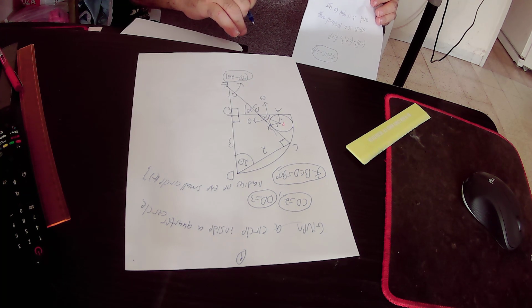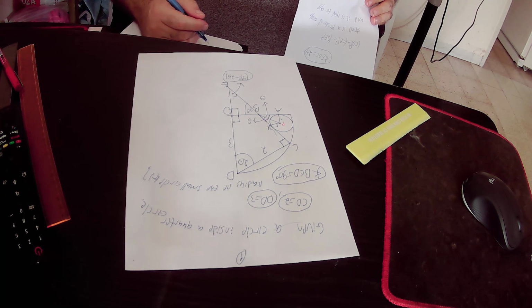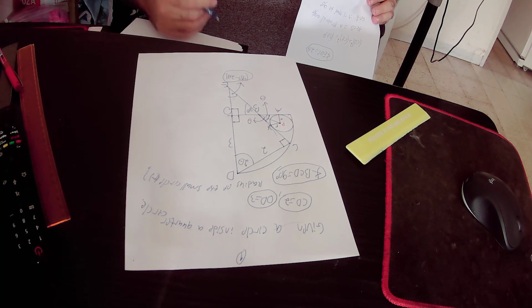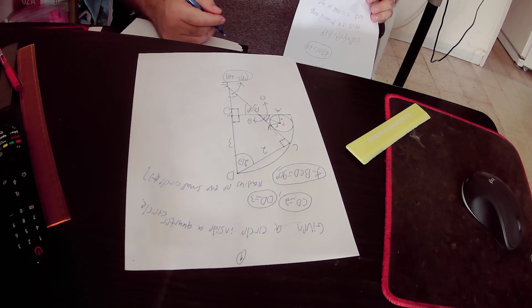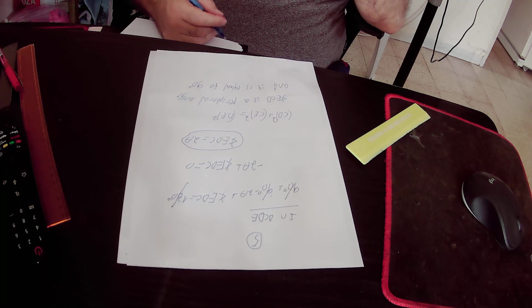And we have a rule that states any peripheral angle that equals 90 degrees must rest on the diameter of the circle. I will write the rule down.